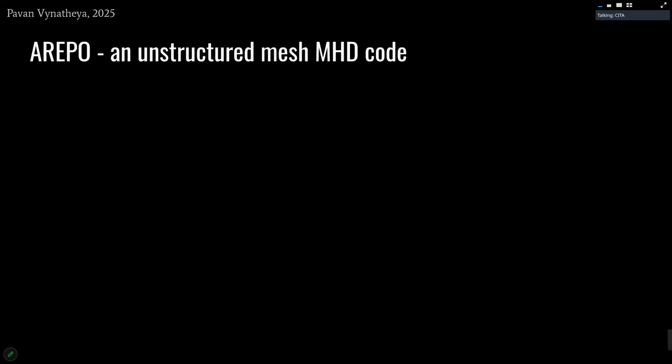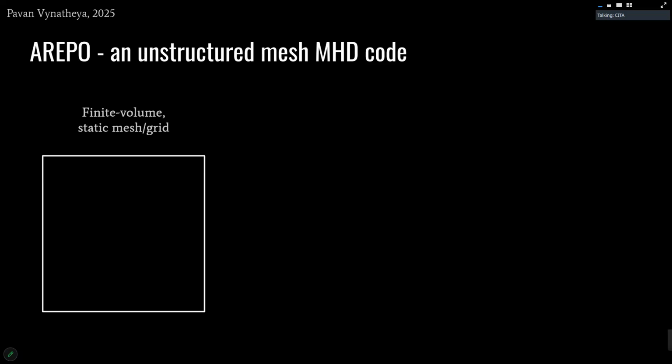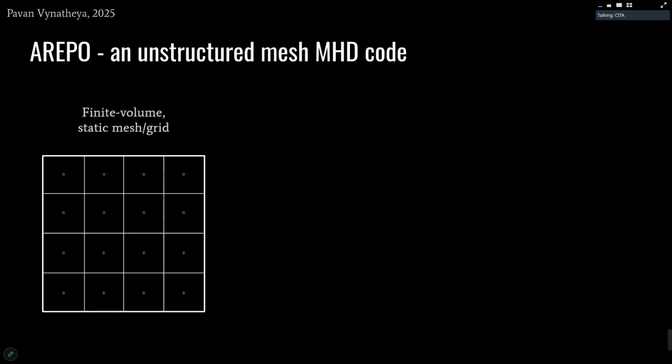So this is the code we use, AREPO. I wanted to introduce this code to you. Typically, people solve hydrodynamics problems with two methods. One is the finite volume static grid method, where you have cells divided in a domain and fluid elements associated with each cell, and fluxes are calculated between cell interfaces and the fluid equations are solved.